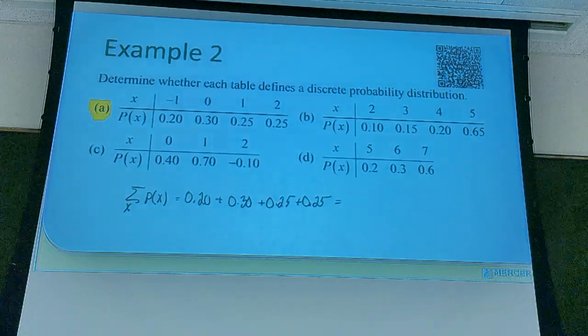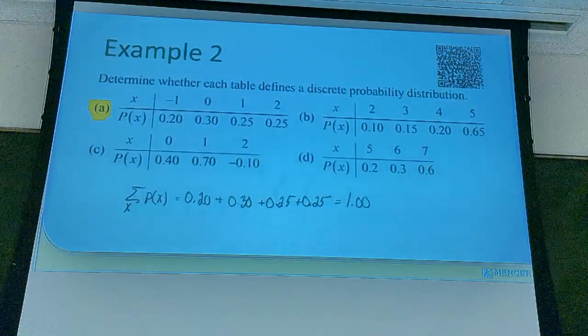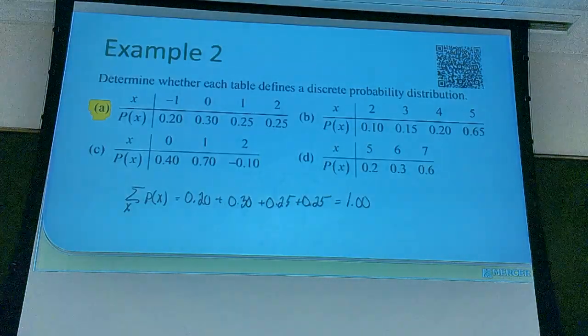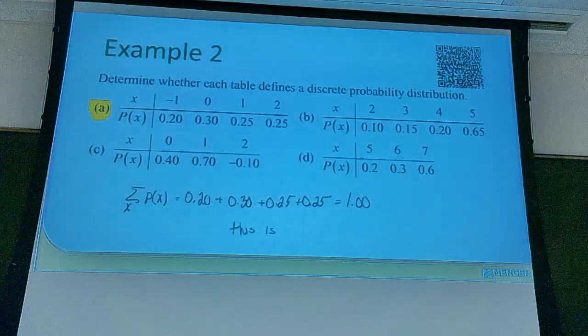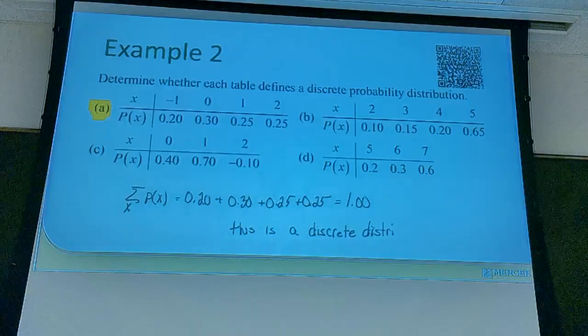One. They sum up to exactly 1. This does define a discrete probability distribution.